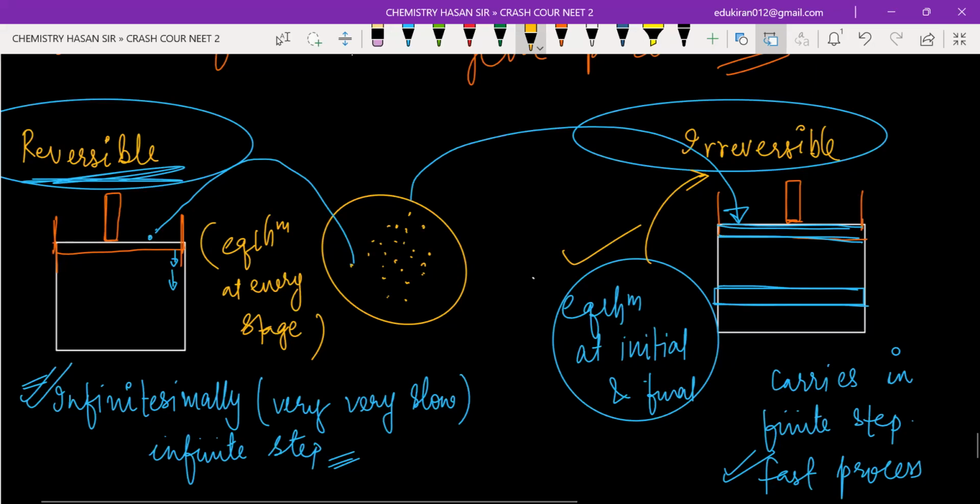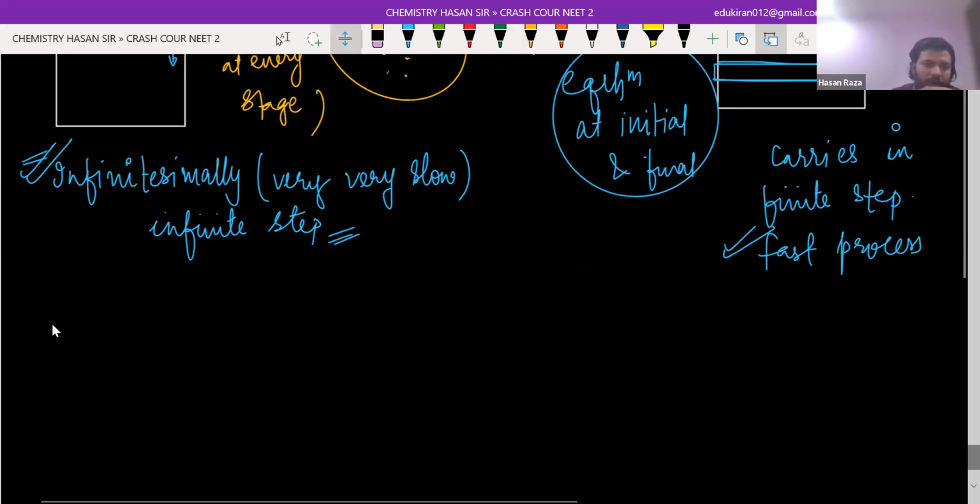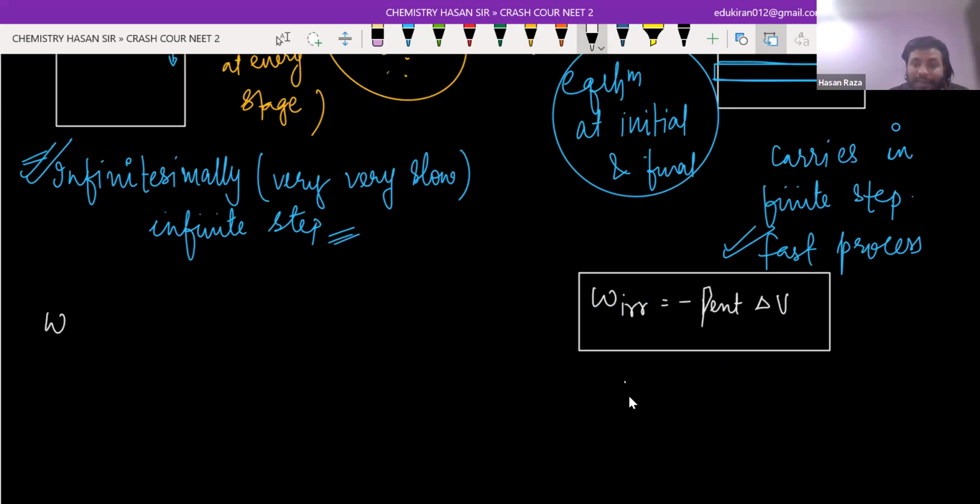Okay, now I'm going to directly write the formula for work done in reversible and irreversible processes. First of all, for an irreversible process, the formula is minus P external into delta V. What is delta V? Delta V is the change in volume, or you can write minus P external into (V final minus V initial).